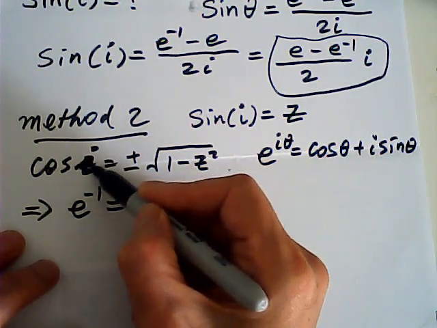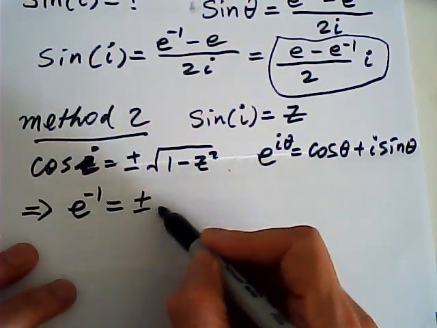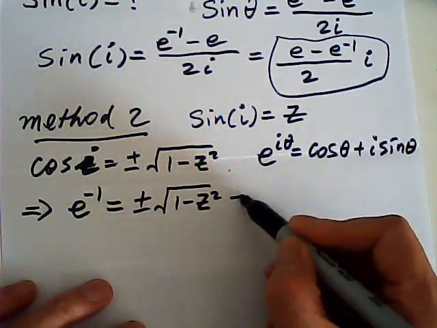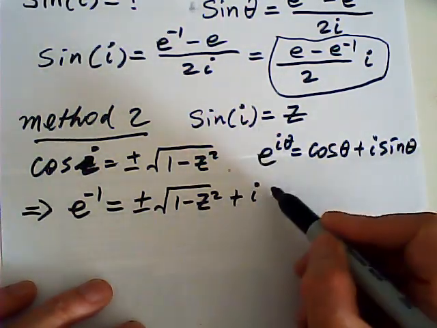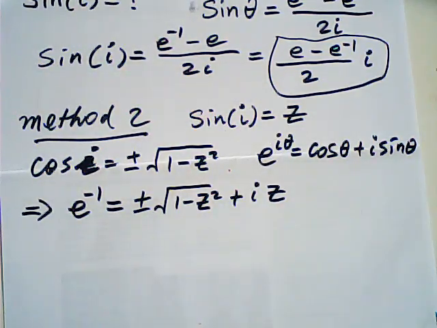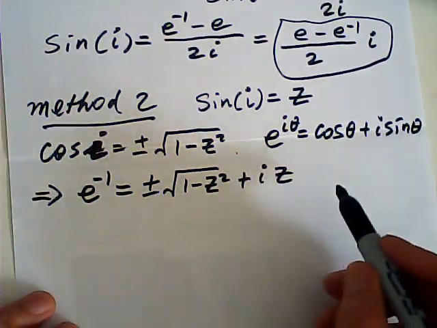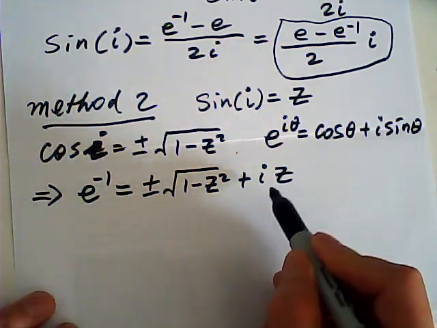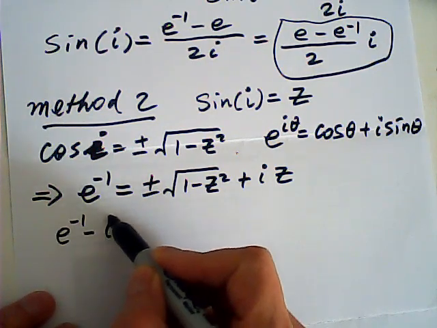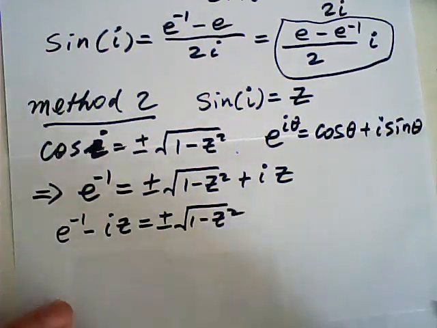Cosine i is plus or minus the square root of 1 minus z squared, plus i sine i, and sine i is z. Okay, good. Then e to the negative 1 minus i z is equal to plus or minus the square root of 1 minus z squared.